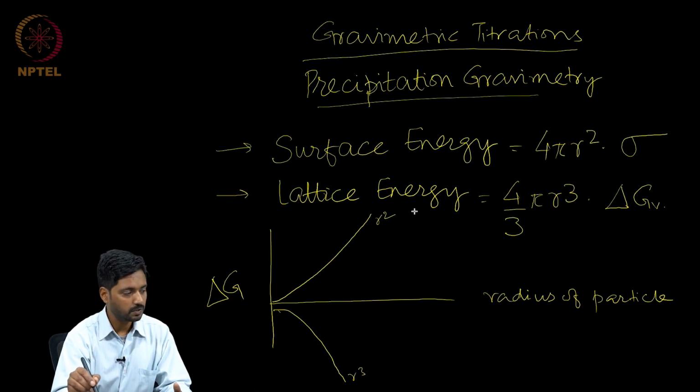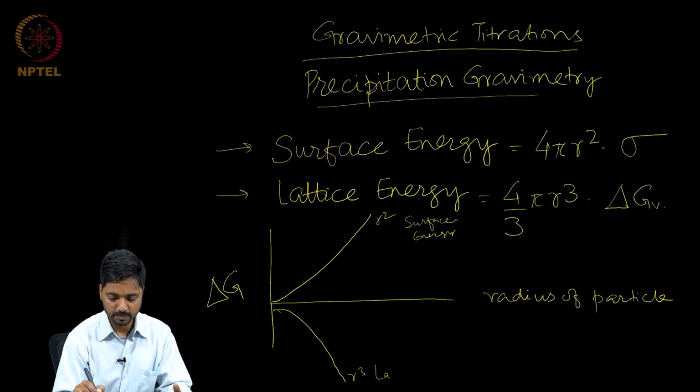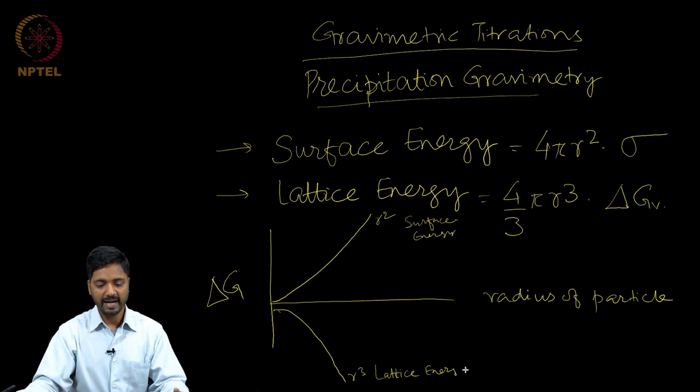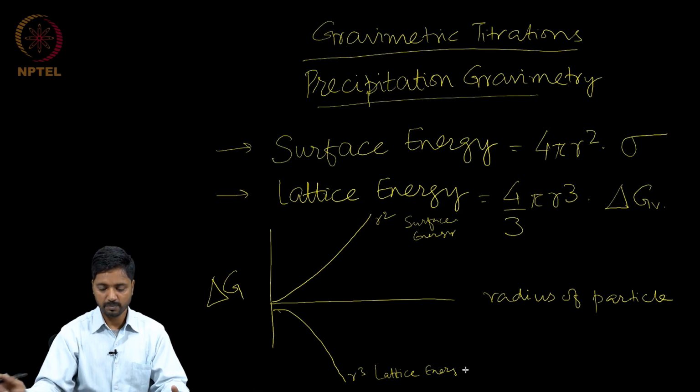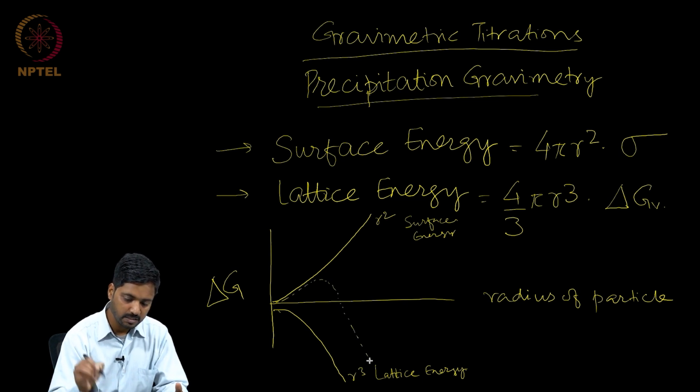This is what we will call the interfacial or surface energy, and this will be the contribution coming from the lattice energy. The sum of these two energies will be the total energy of the particle that is being formed, and this will follow a profile like this.